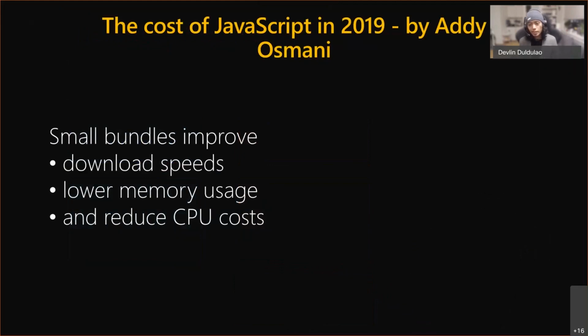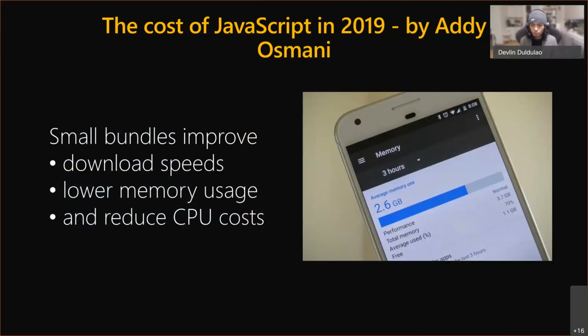Why? Because small bundles improve download speed, lower memory usage, and reduce CPU costs. On mobile, you'll want to ship much less, primarily because of network speeds, but also to keep memory usage low.